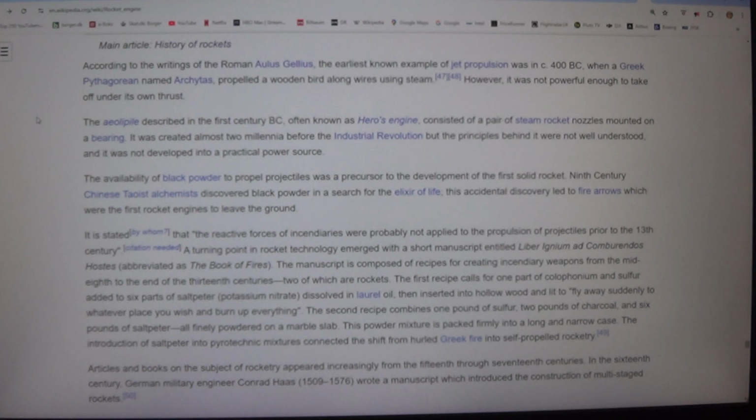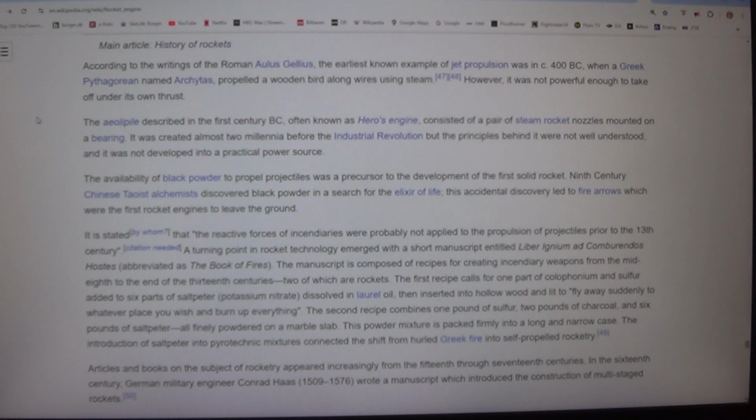The Aeolipile described in the 1st century BC, often known as Hero's engine, consisted of a pair of steam rocket nozzles mounted on a bearing. It was created almost 2 millennia before the Industrial Revolution, but the principles behind it were not well understood, and it was not developed into a practical power source.